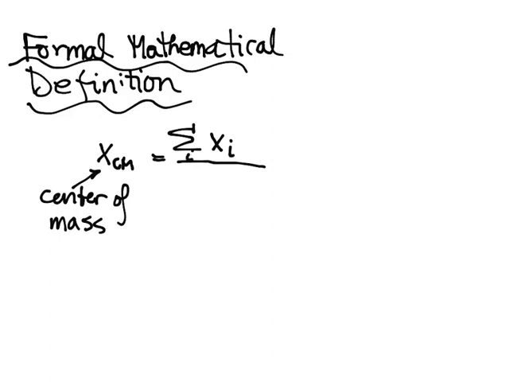Hopefully you've seen sigma i in math. So if I had 5 different objects, if I added up their position times their mass, and I divided by their mass.